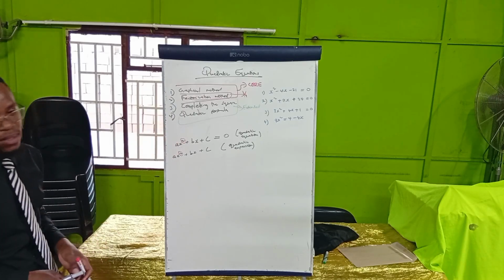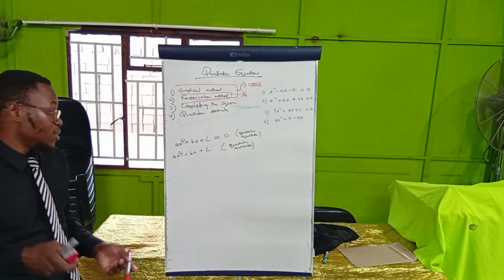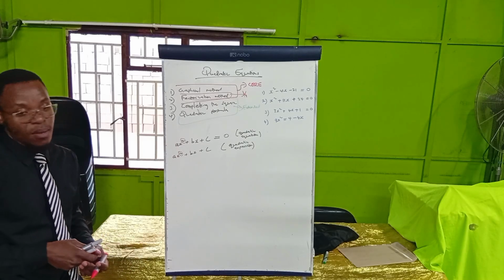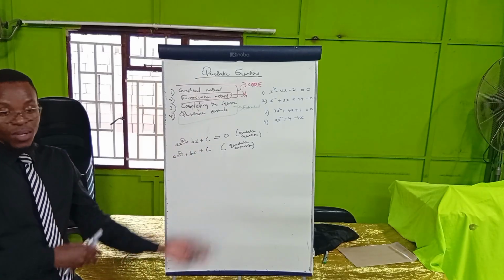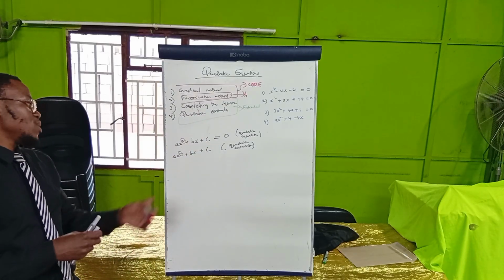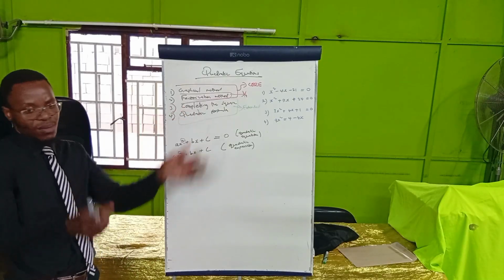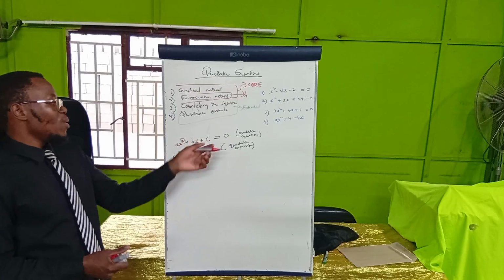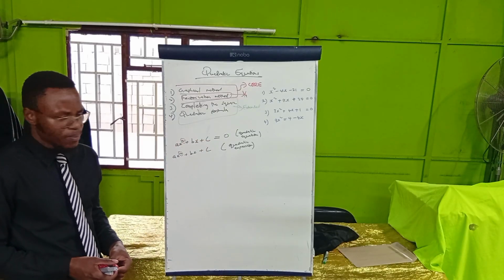This is what makes it called a quadratic, where you have the highest power being 2. Anything further than that becomes a polynomial. It can be a cubic equation where you've got 3, or it could be a polynomial where you have 4 or even more. So this is called a quadratic because the highest power of x is 2.